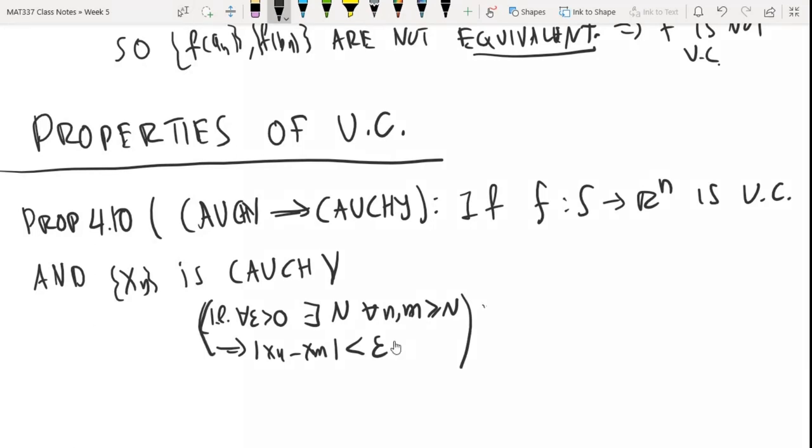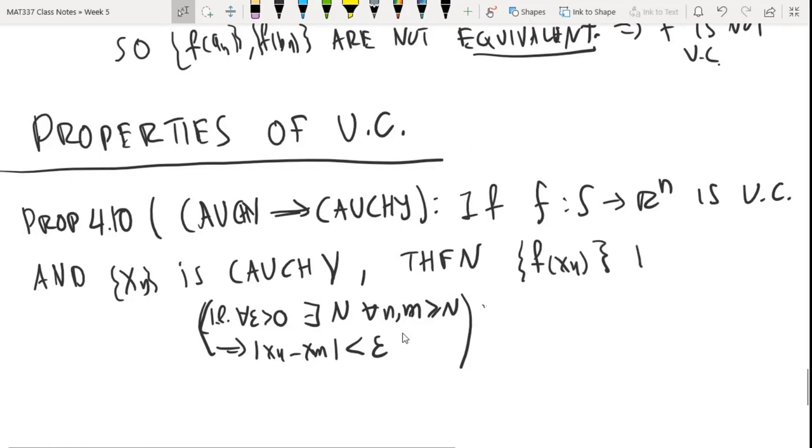Is that okay? Then f of xn is also Cauchy.